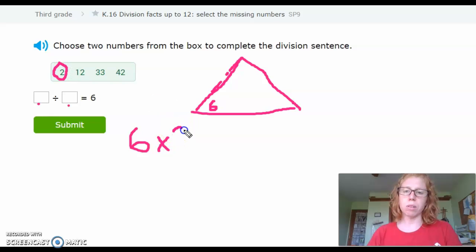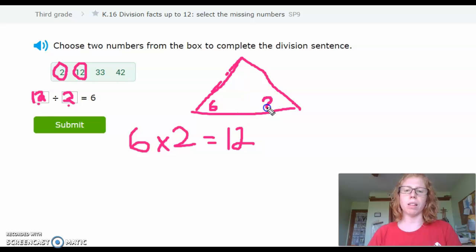What is 6 times 2? 6 times 2 equals 12. Can I put 2 in this box to represent 6 times 2? And do I see a 12 in the box that I can put down as my dividend? And look at that. We have a 12 in the box. 6 times 2 equals 12. That means 12 divided by 2 equals 6.